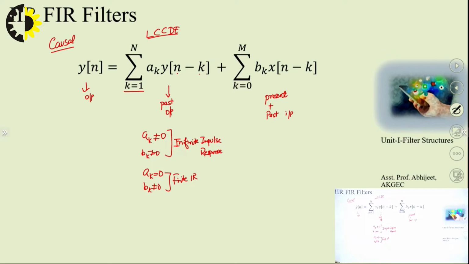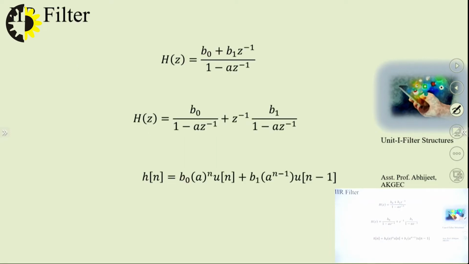So, we have two kinds of discrete time filters, IIR filters, infinite impulse response filters, and FIR filters. In this lecture, we are looking at how structures of infinite impulse response systems are made. So, the present output will depend on past output as well as on present and past inputs.